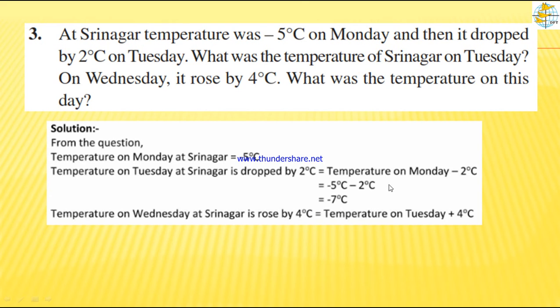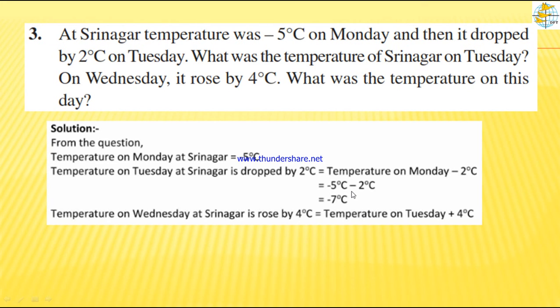That's what is given here. Temperature on Monday minus 5 degrees Celsius. And the next day, is the temperature getting reduced or increasing? Reduced, dropped, so minus. How much is it reducing? 2 degrees Celsius. So now we are simplifying minus 5 minus 2.